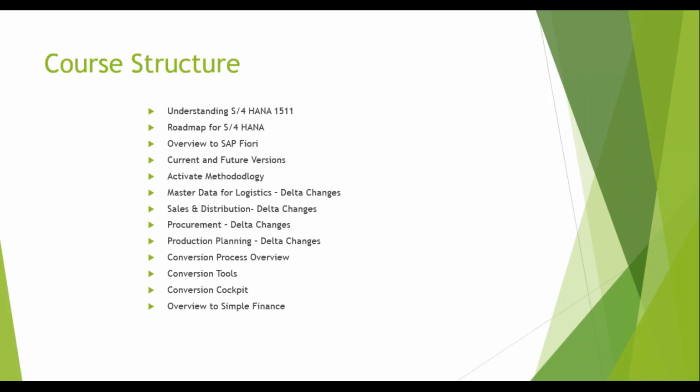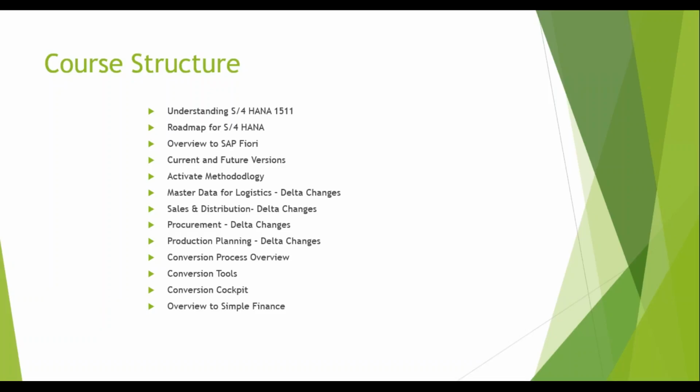Once we are done with all the changes of SD, MM and PP, we'll be talking about the conversion. What is conversion? Conversion means if you are already using SAP for many years, a lot of your customers might already be on SAP ECC. Now, if they want to upgrade their system to SAP S/4HANA, those kinds of projects are called conversion or migration projects.